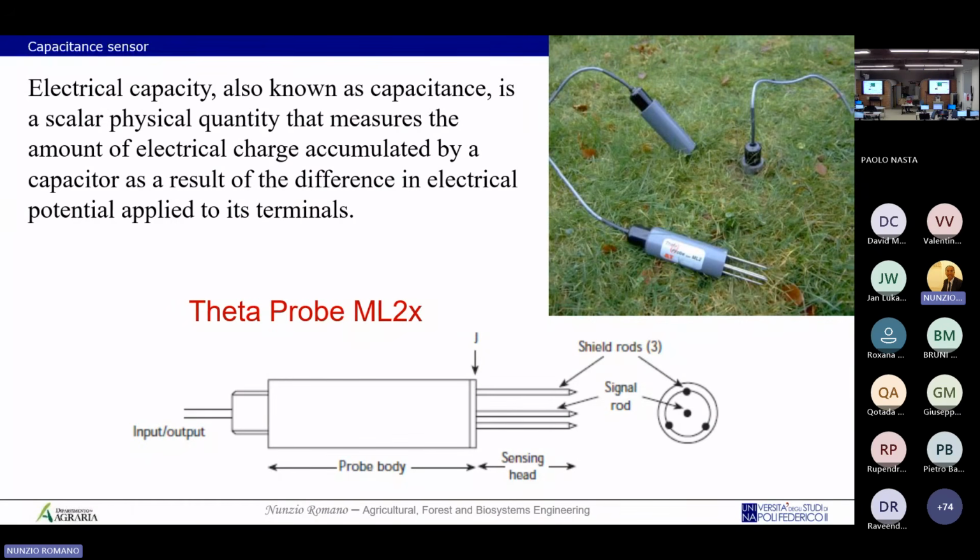Again, this is the theta probe, and you have a probe body, and in the body there is the electrical circuit that produces the circulation of the electrical field, and then there are some pins, the shield rods, the rods that you insert into the soil, and so the soil contained between these rods is what we have called the dielectric material.